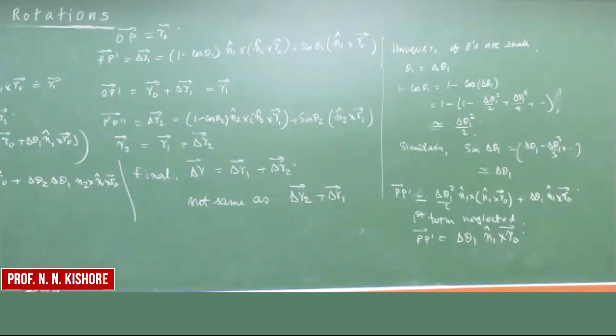Okay, so like this. So what we have here again, this is very, very small, so this becomes only this much. So the total ΔR will simply be this one.